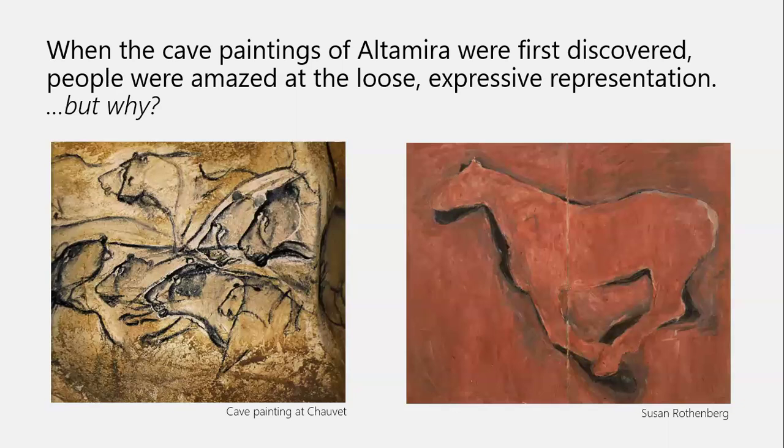But they are also very loose, very gestural, and that also feels modern and contemporary. When Altamira was first discovered, people were amazed at how loose and expressive they were, because from their point of view, being loose and expressive was something artists were just beginning to figure out and learn about.